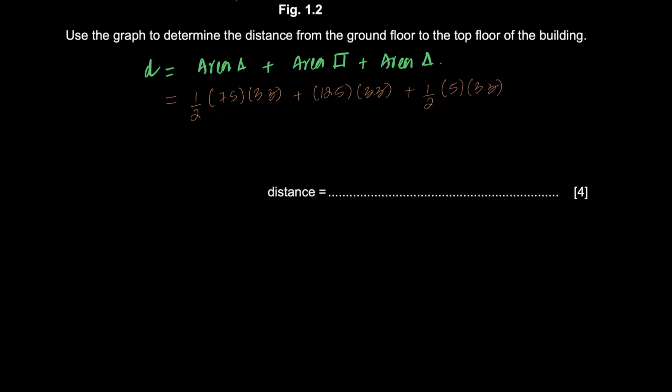Right? Straightforward. And let's calculate these individual values. They'll come out to be 12.375 plus 41.25 plus 8.25.